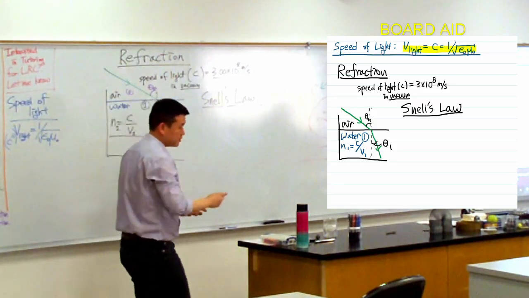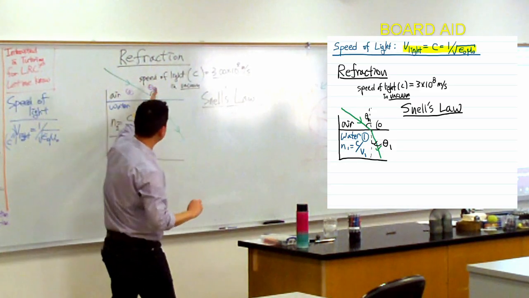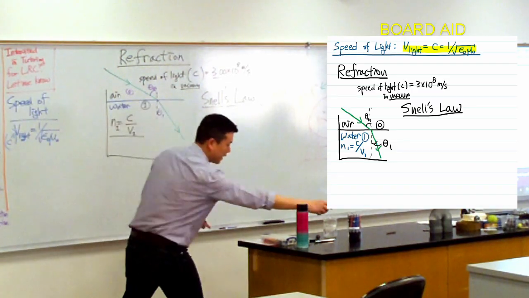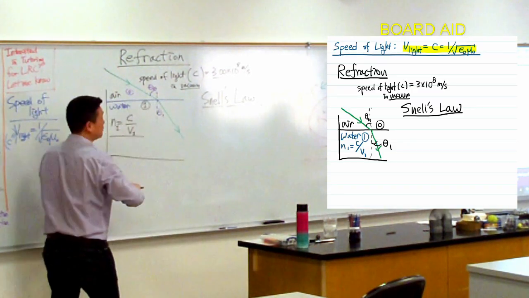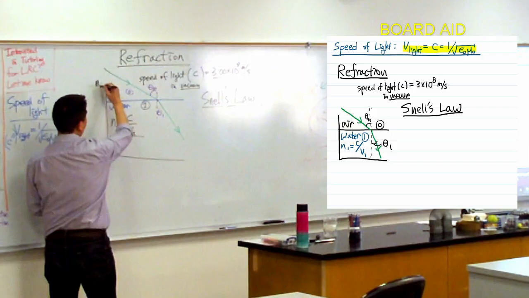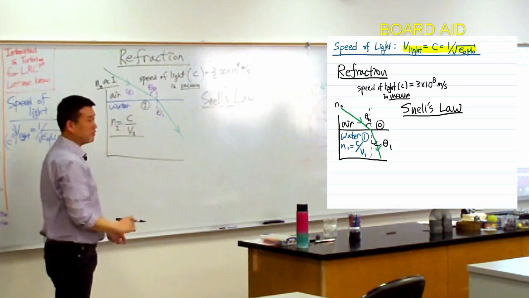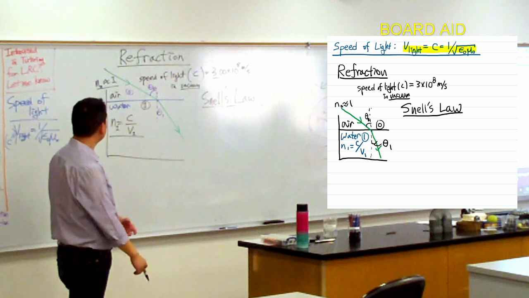And this is what Snell's law says. We do these descriptions of angle, and we use the index of refraction. If I'm being completely thorough, the index of refraction of air is approximately equal to 1, within 1 part in 1,000.